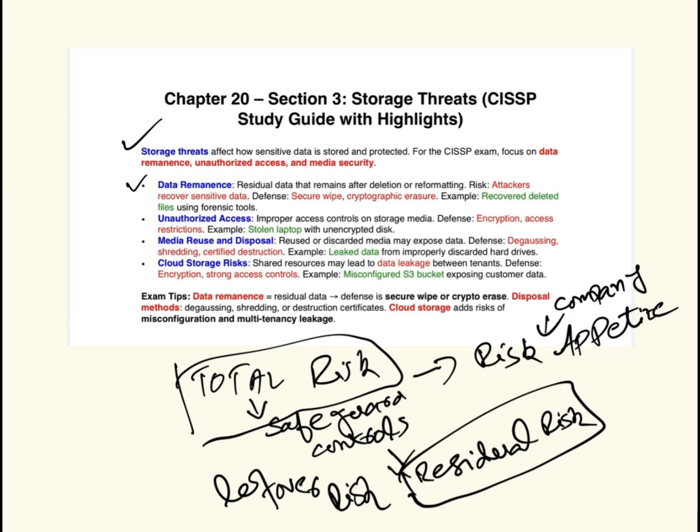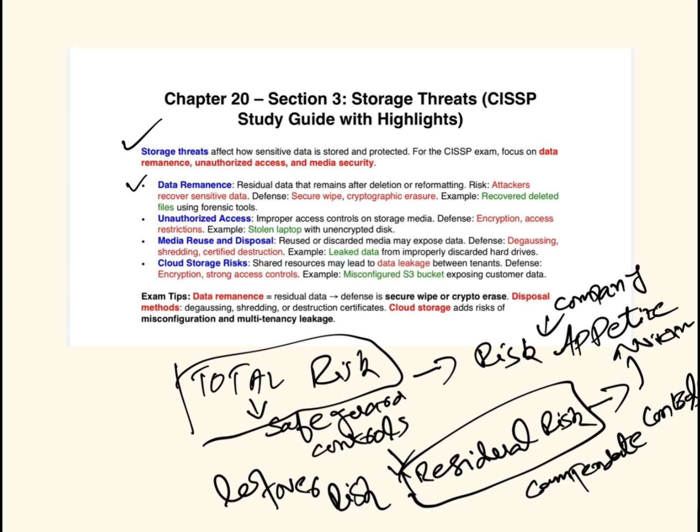After installing those security controls and safeguarding, there is always leftover risk, which is residual risk. Now the catch is, if the residual risk is within this appetite, then we are absolutely fine. But if that residual risk is out of risk appetite, then we need to have compensating controls.